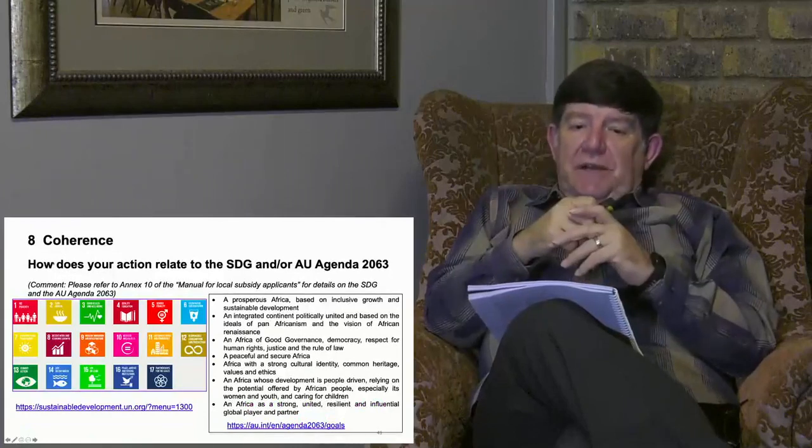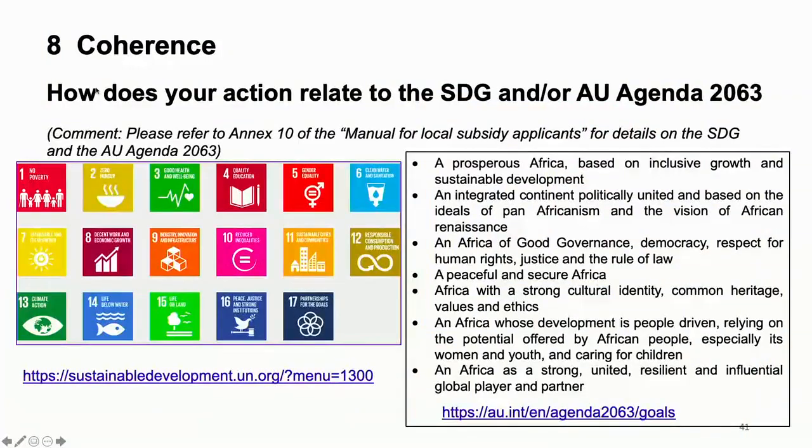Number 8, coherence. This is a project in conjunction between the German Development Agency, GIZ, and the African Union. It is also aimed at the overall international Sustainable Development Goals. There are 17 of them, listed there. There's a web link where you can find more information about them. There's also the AU Agenda 2063, which aims at promoting specific activities, objectives and goals for Africa.